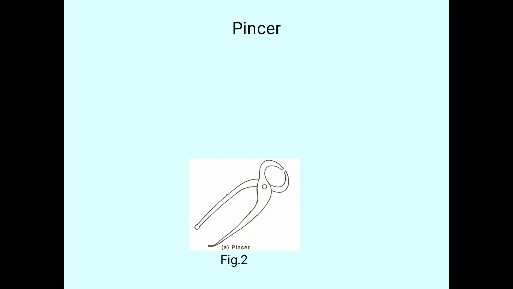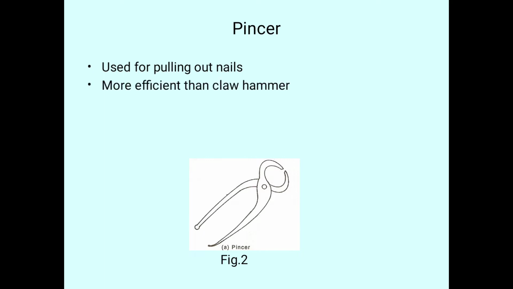The pincer is used for pulling out nails, similar to the claw hammer, which is also used to pull out nails. But the pincer is more efficient than the claw hammer, which is why we prefer it.